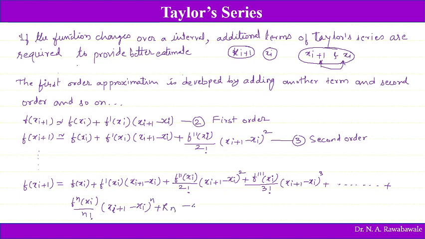Say this is equation number 4. We call this the nth order Taylor's polynomial, or Taylor series, where Rn is known as the remainder term. To compensate for the error, this remainder is added.